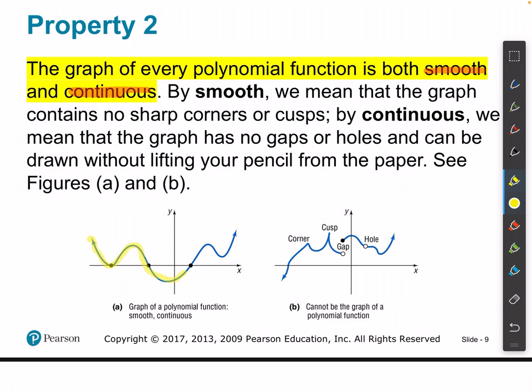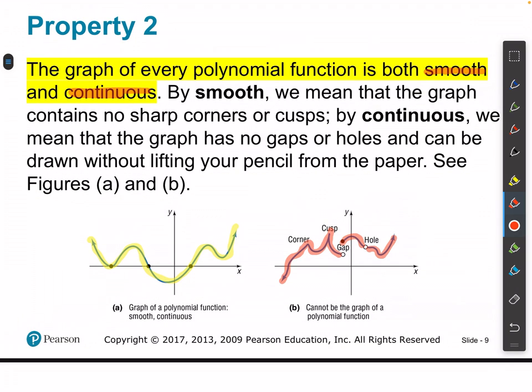You can draw this graph right here without lifting your pen. For this other one, I cannot do that, right? There's a corner here, there's a cusp, but then we stop, and then there's a gap, so I have to lift my pencil, I have to cross over that hole. So when you have to lift your pencil, then you know it's not a polynomial function because it's not smooth and continuous.